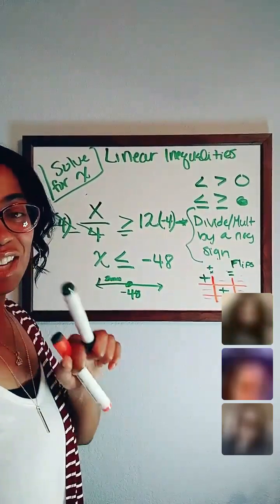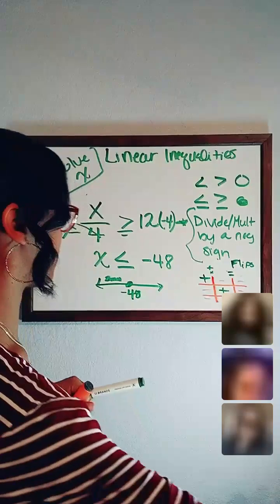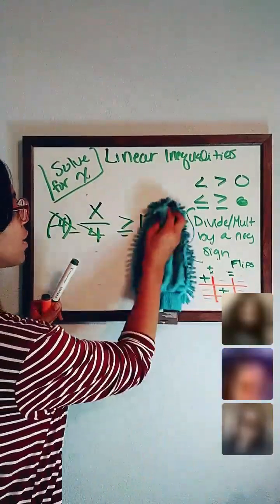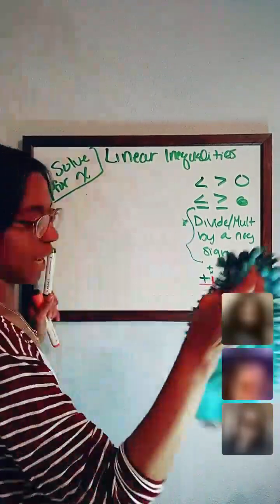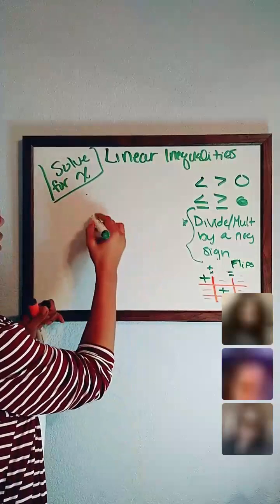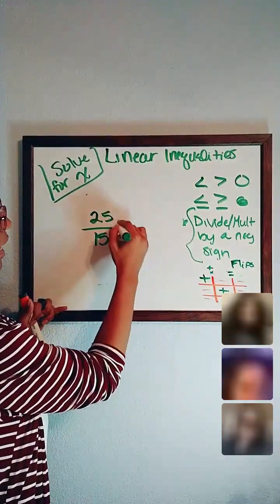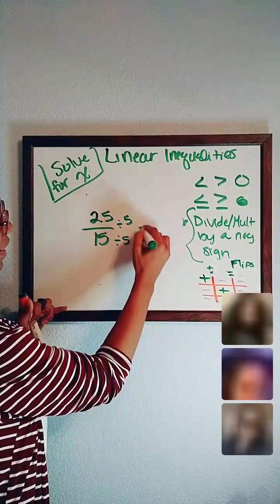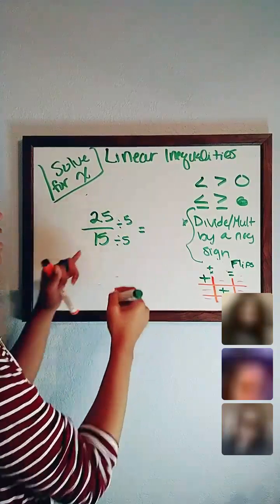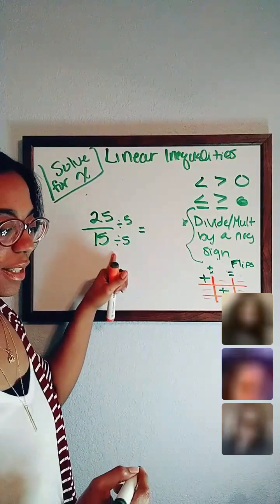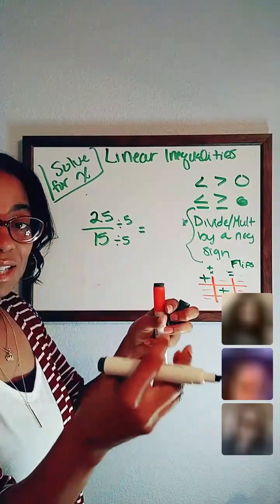Okay, I'm gonna show you. I know what you're talking about now. When we had 25 over 15, I did it like this. The reason I did that is because I'm trying to make that fraction smaller. I'm trying to reduce it.